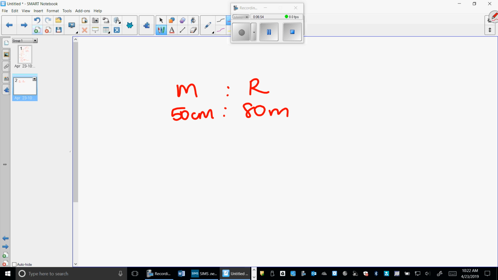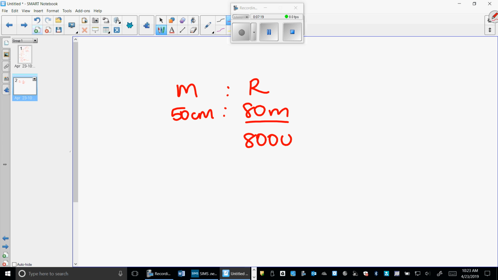You can go decimals if you wish. 80 meters is how many centimeters? What do I have to do to change from a meter to a centimeter? Multiply by 100, good. Now, that's something that some of you are still a bit rubbish about, so you really need to learn that chart, okay? I say that in the nicest possible way, of course.